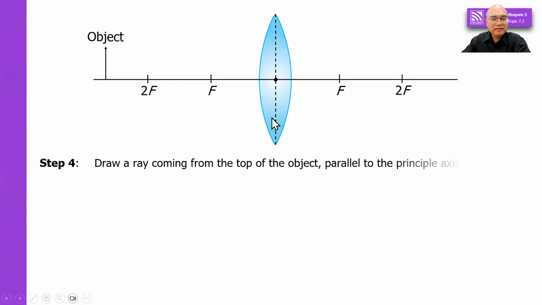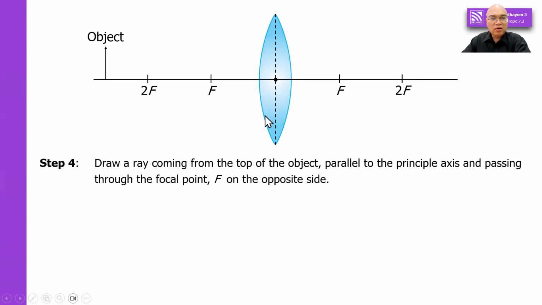And then step 4, draw a ray coming from the top of the object, parallel to the principal axis and passing through the focal point F on the opposite side.